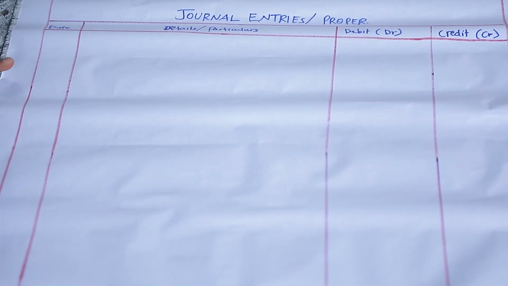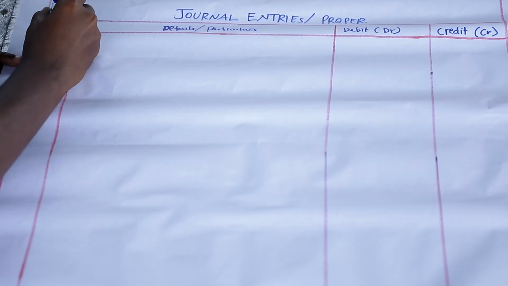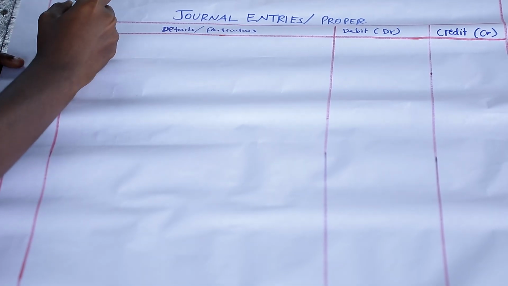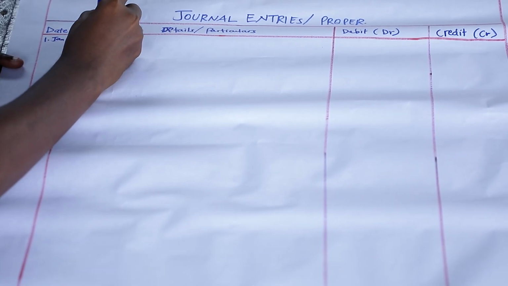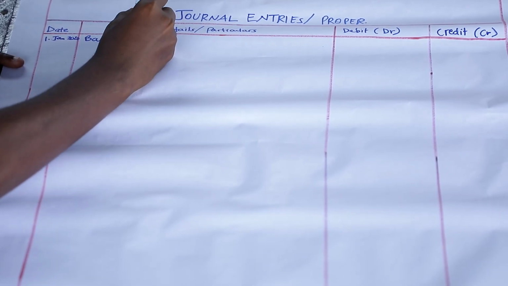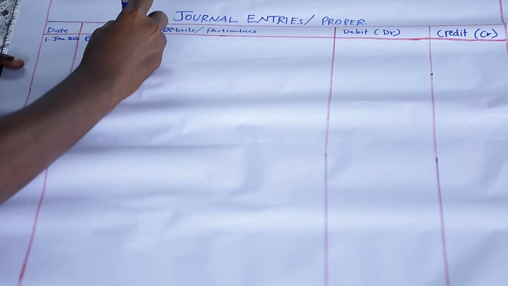So it will be 1st January. We'll start by debiting the bank account, and we're going to credit the capital account.